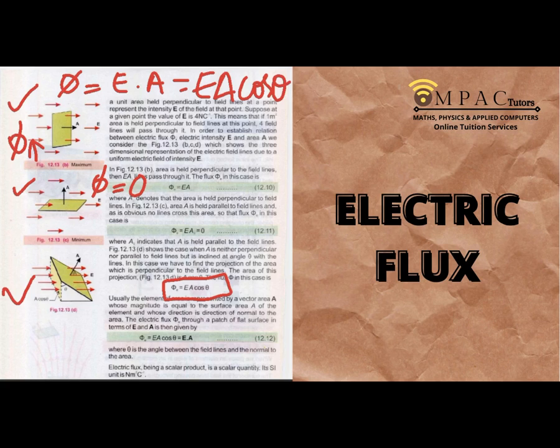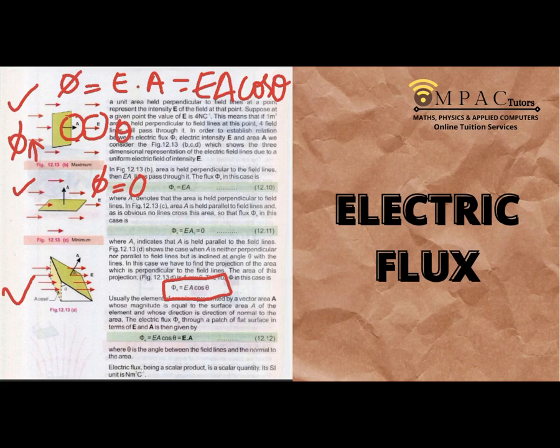So in the first case, the angle is between the electric field lines and the vector area of the surface. Vector area is always perpendicular to the plane. So E and A make 0 degrees with each other, because the electric field lines and the vector area of the plane are parallel to each other.